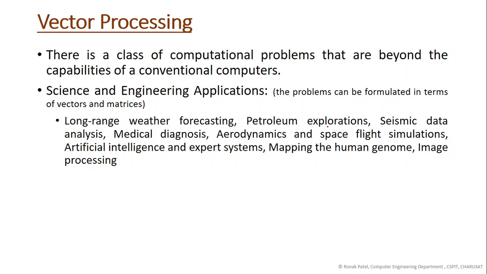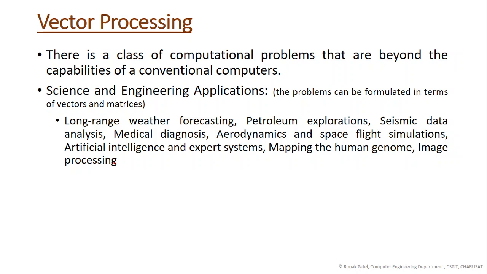Then petroleum exploration, seismic data analysis, medical diagnosis, aerodynamics, and space flight simulations. Then artificial intelligence, expert systems, mapping the genome, and image processing. These are the high-end tasks which require a specific computer, and a conventional computer is not that useful.